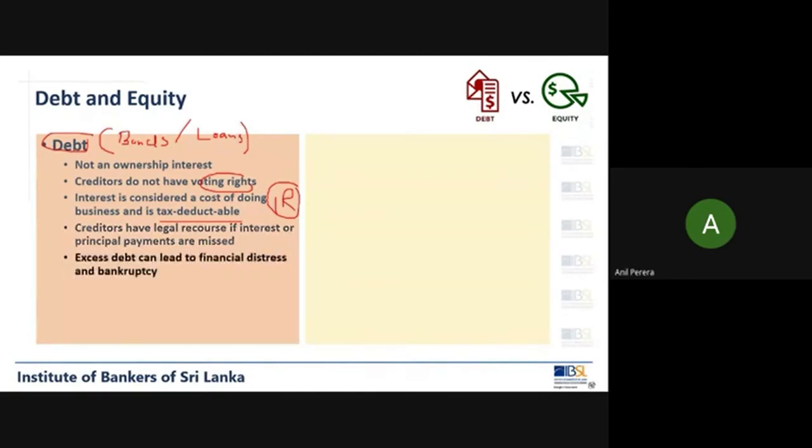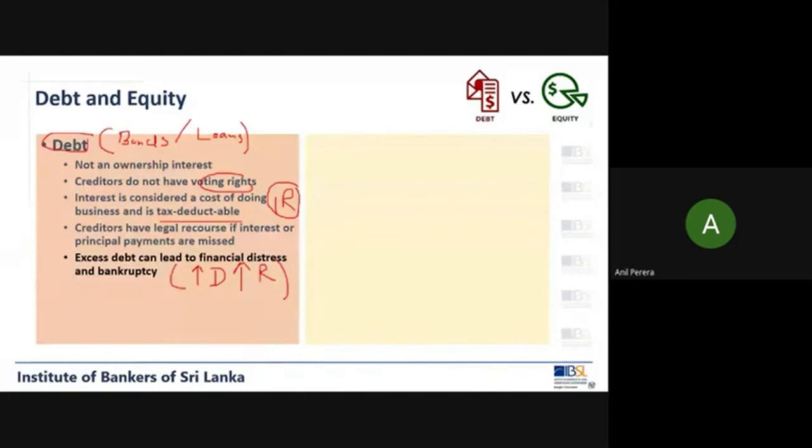But if a company or even the government has issued excess debt, that could lead to some financial distress and bankruptcy. So in finance, we have a kind of understanding: if you have more debt, that increases your risk. High debt, high risk.